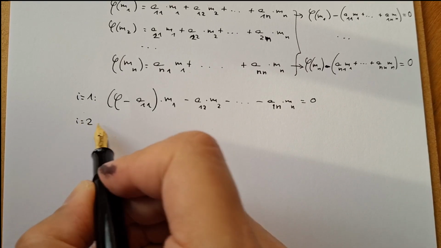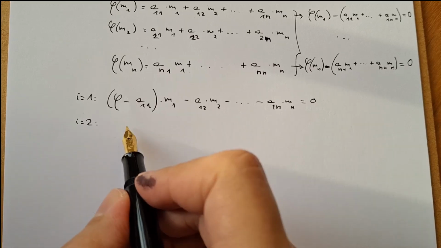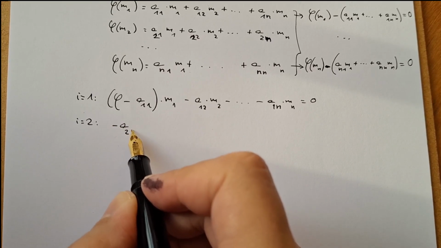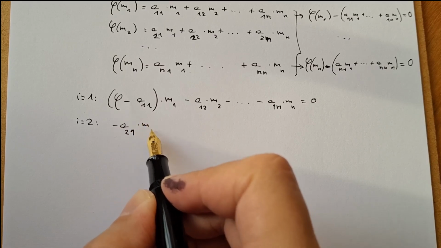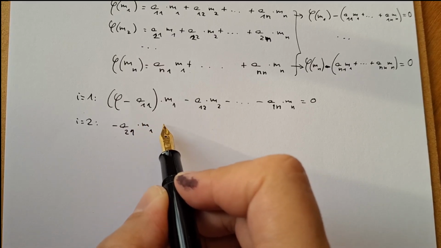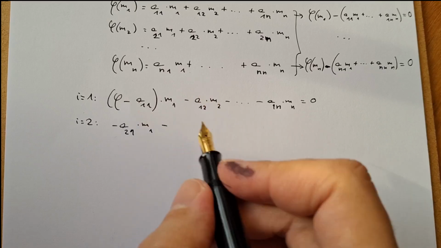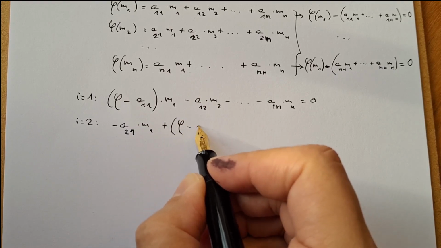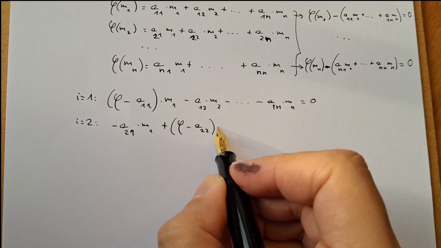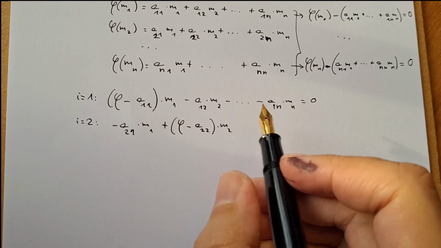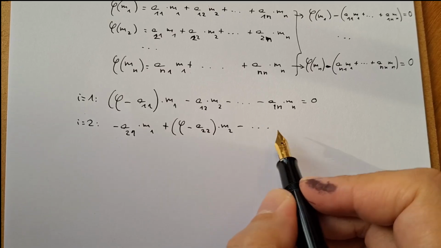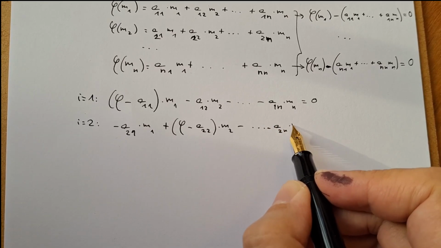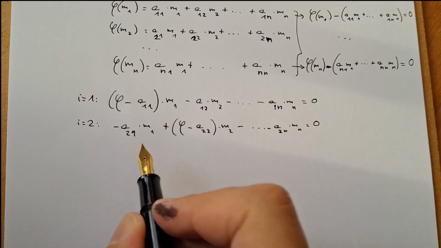Now at i equals 2, the first term will be minus a21 multiplied by m1, but then for the second term we group with the psi, so we have plus psi minus a22 multiplied by m2, and it goes on till minus a sub 2n multiplied by mn. This equals 0.